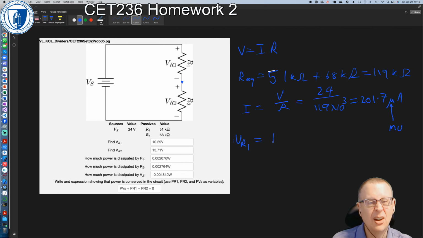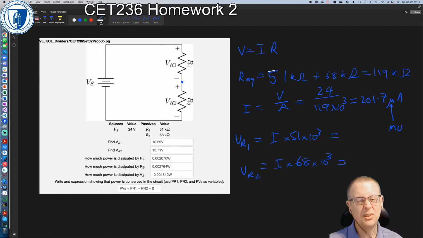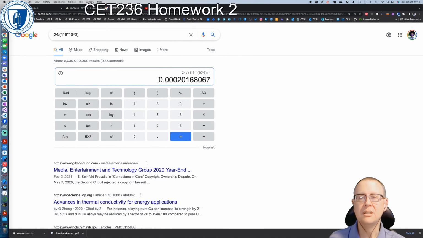VR1 is just I times R1, which is 51 by 10 to the 3, and VR2 is just I times R2, which is 68 by 10 to the 3. Right, and let's see what that gives us. So 51 by 10 to the 3, I'm just going to copy that, so multiplied by 51,000.